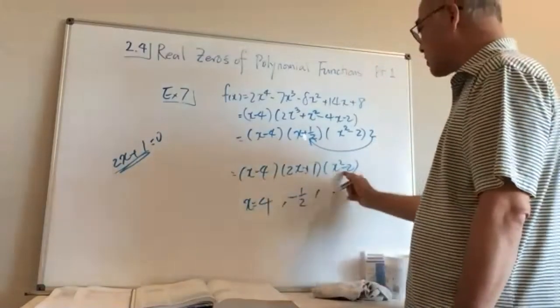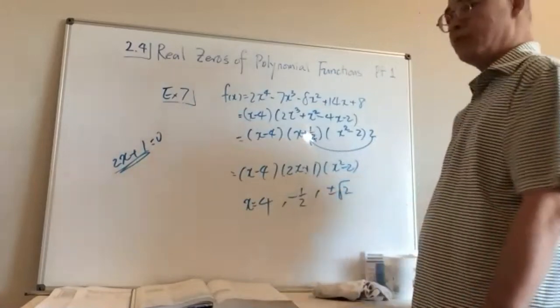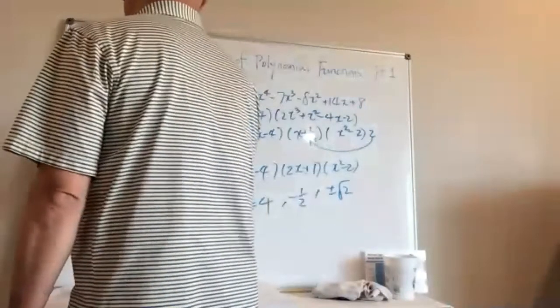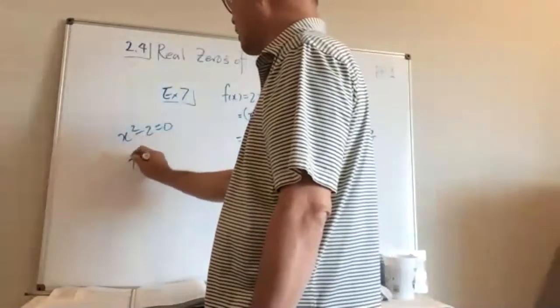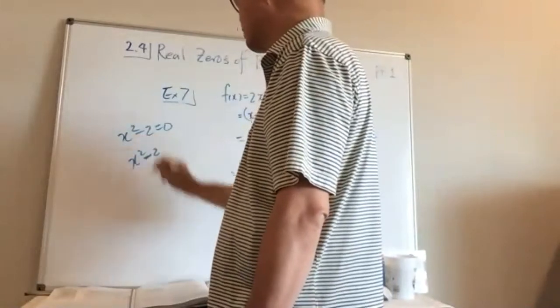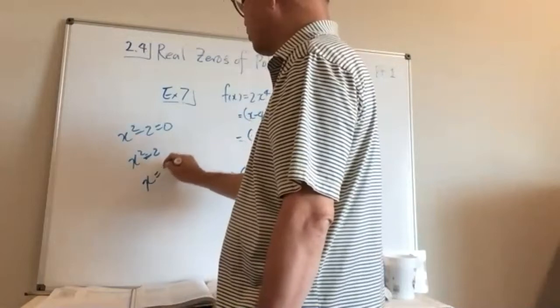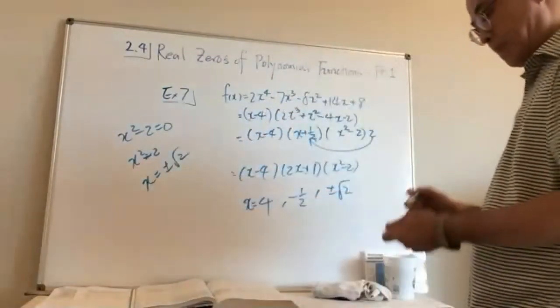And then from this guy, I get plus or minus root 2, right? Because over here, if I set that equal to 0, what do I have? I have x squared minus 2 is equal to 0. I move the 2 over, I get x squared is equal to 2, right? So x is going to be equal to plus or minus root 2. And that's where this guy comes from. Okay?